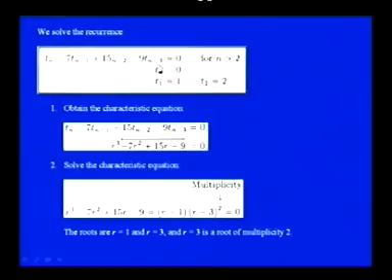Now, you can see very well this 3 is the order, that becomes something like r cube minus 7 r square plus 15 r minus 9 equal to 0.